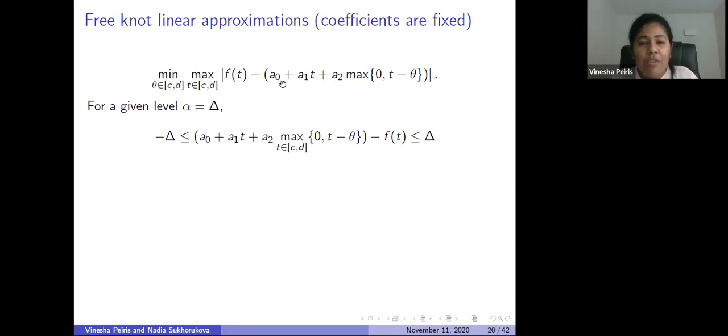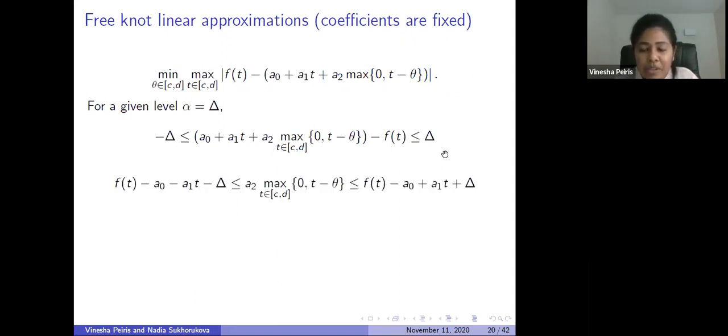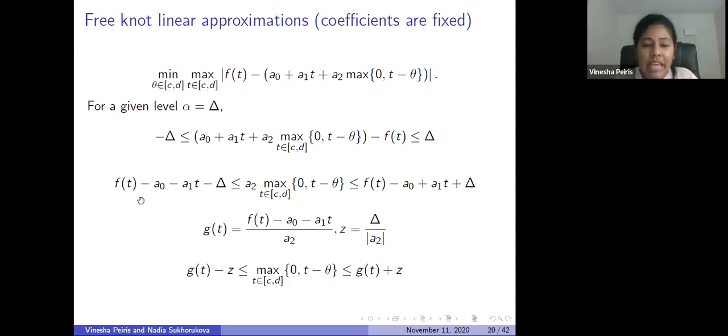If I take the maximum deviation to be delta, then we come up with these 2 inequalities. If I simplify this further, and take f of t minus a0 minus a1 t to be the function g of t, and delta divided by the absolute value of a2 to be the variable z, then we come up with these 2 inequalities.